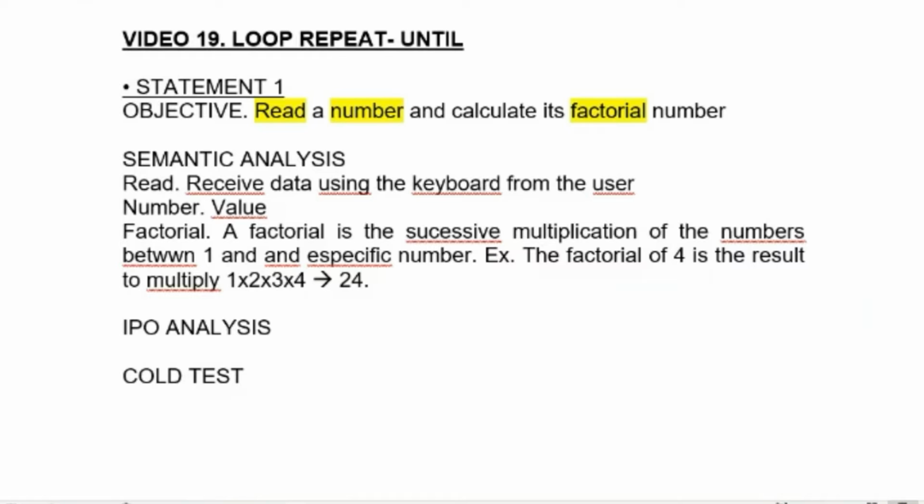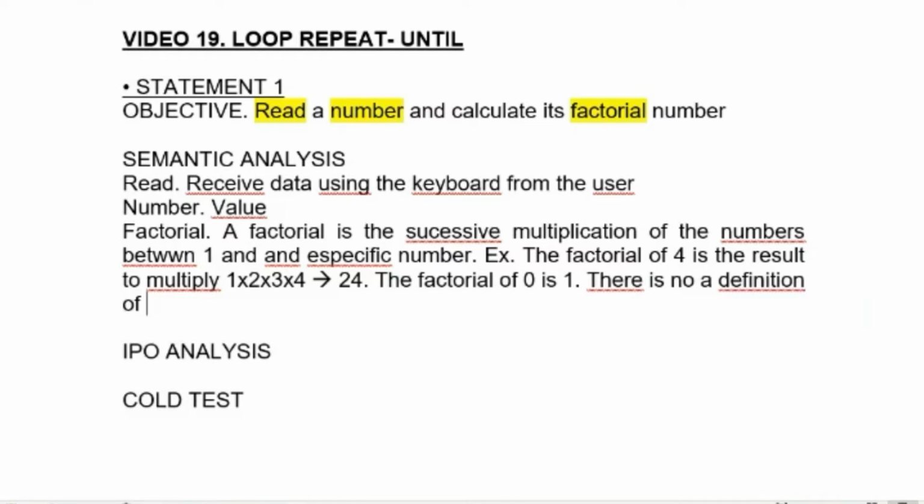But to remember these rules, the factorial of 0 is 1. And there is no definition of the factorial for negative numbers.